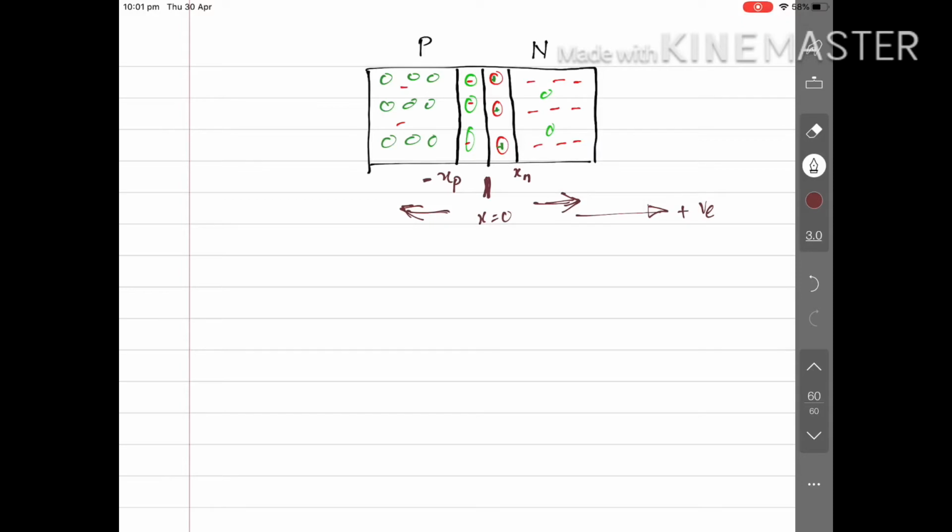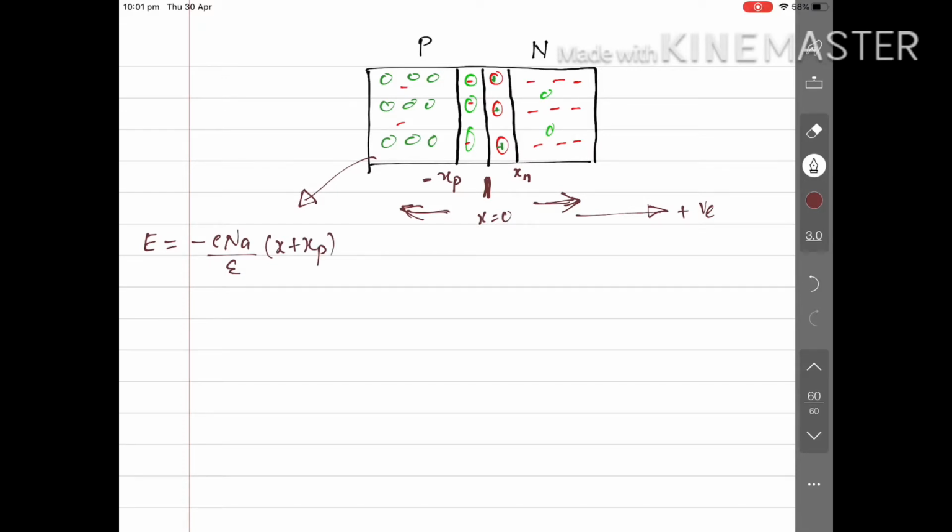Now to understand the electric field in a PN junction, we need to know the electric field equations, some important relations for the electric field on the N side and the P side. So let me write them down. For the P type, the electric field is written as E equal to minus q NA over epsilon times (x plus xp).